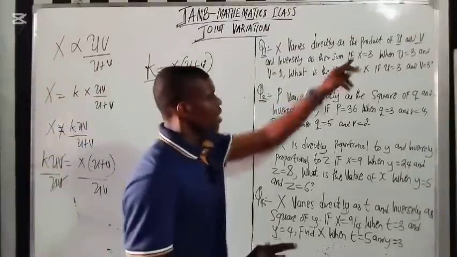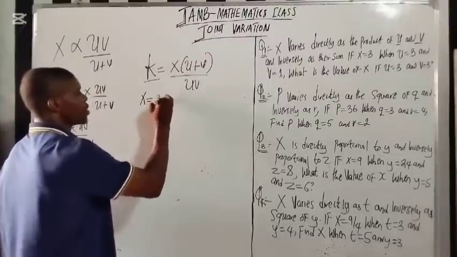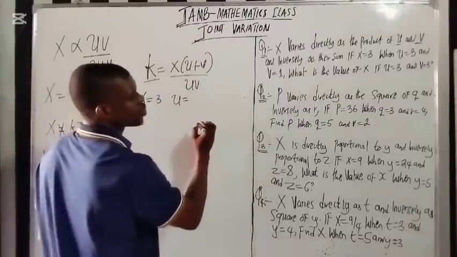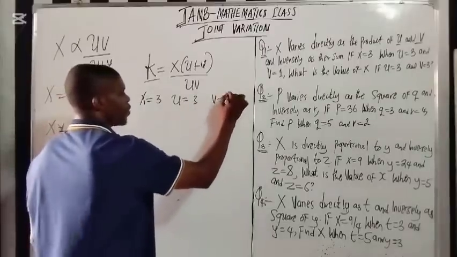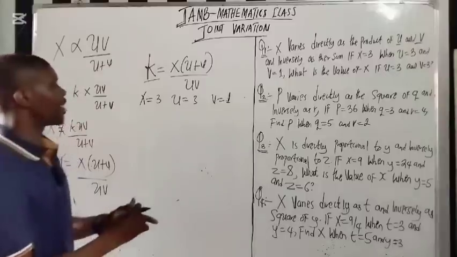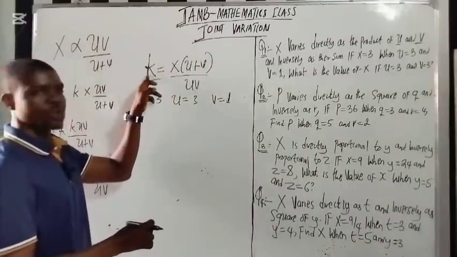So they say that my s is equal to 3, my u is equal to 3, and my v equals 1. It's okay. So we want to substitute these values inside this formula, then calculate my k.